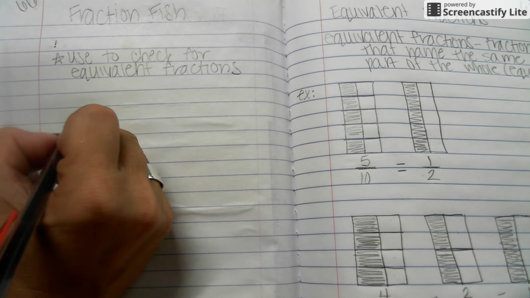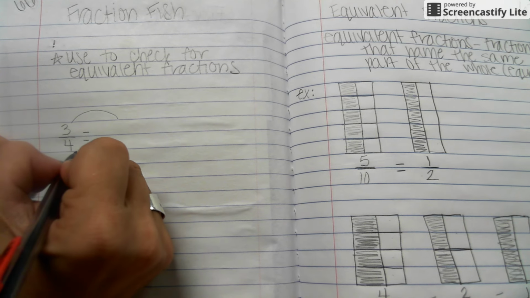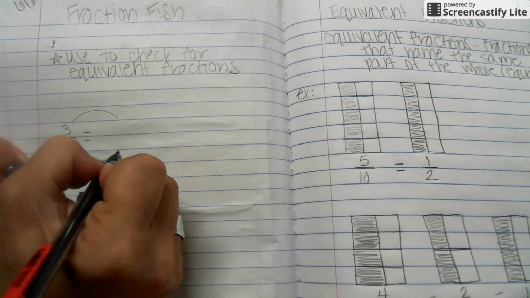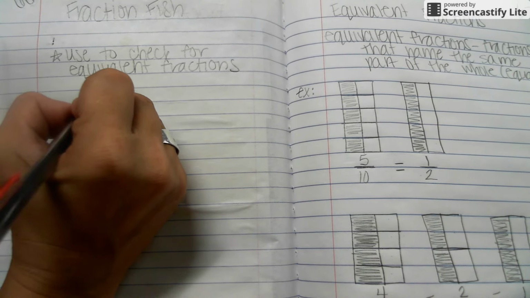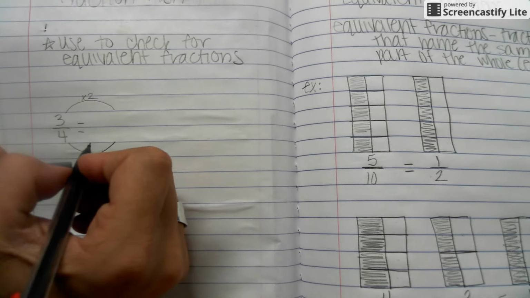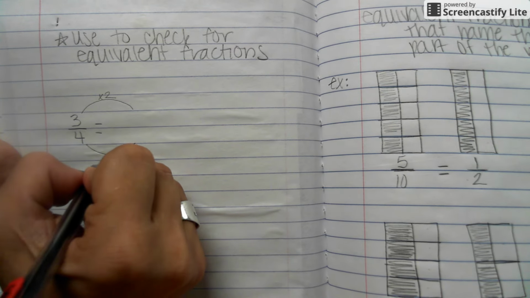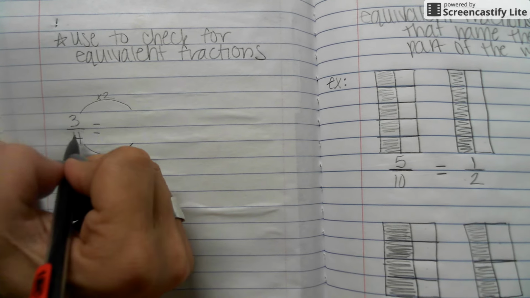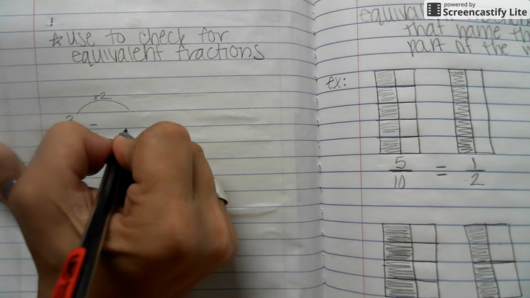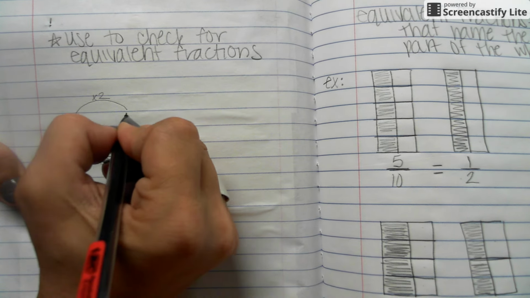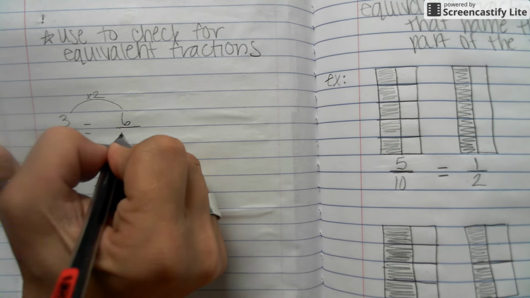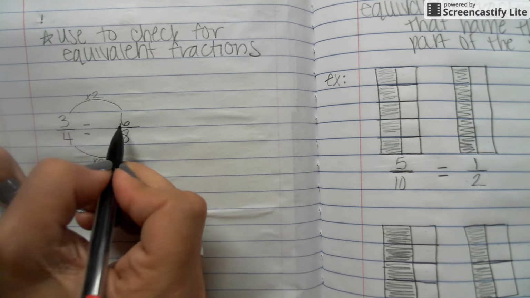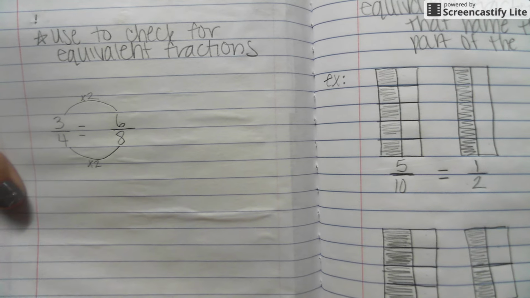Remember, whatever you do to the top, you have to do to the bottom. So to find out something equivalent, I'm going to multiply by 2. If I multiply the top by 2, I have to multiply the bottom by 2. So 3 times 2 is 6. 4 times 2 is 8. So 6/8 is equivalent to 3/4.